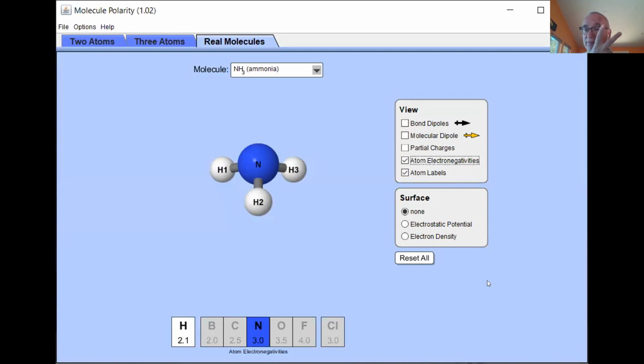But instead of 2 of them, how many bond dipoles do we have now? Three? Yeah, now we got 3. So with water, we just had a single oxygen in the middle, hydrogen on one side, hydrogen on the other side. We had 2 bonds, so 2 bond dipoles. But now we have 3. And now when we look at the molecular dipole, it's pretty much the same size as water.